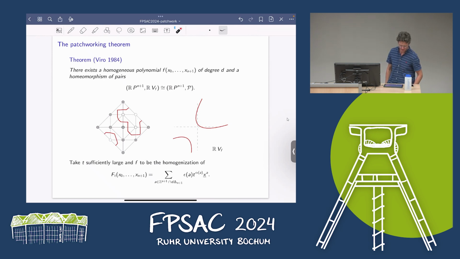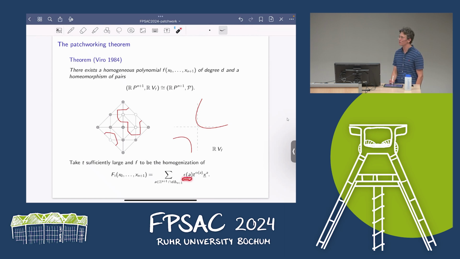So this existence of the polynomial is more or less explicit. We can write down a family of polynomials in one variable t, using the combinatorial input that we started with. So this is one monomial for each lattice point. We should think that this simplex that we started with was the Newton polytope of our polynomial.